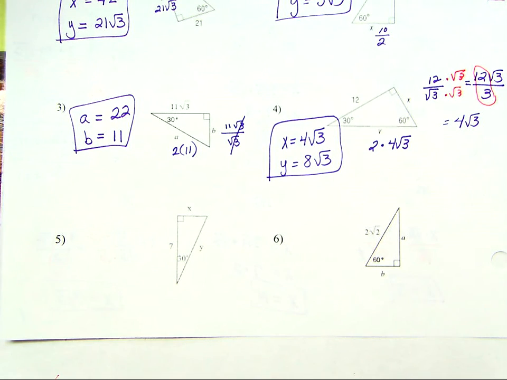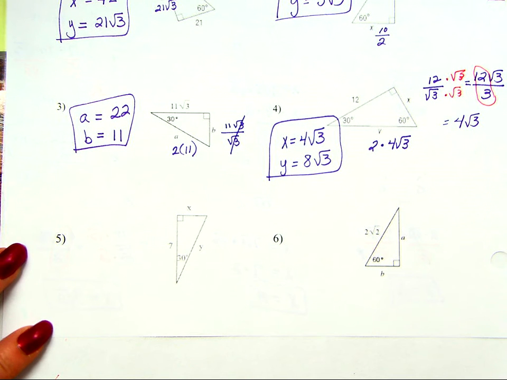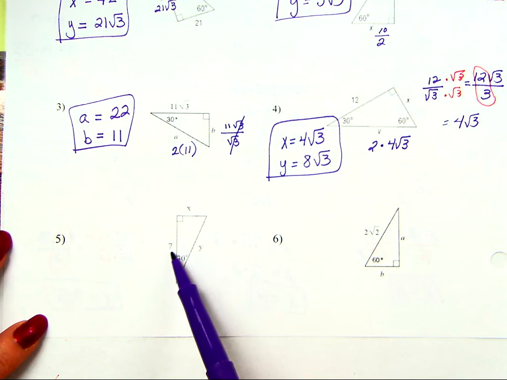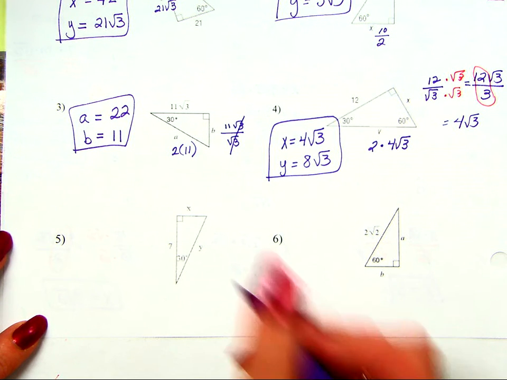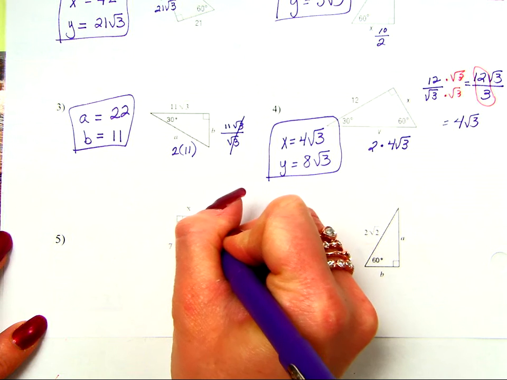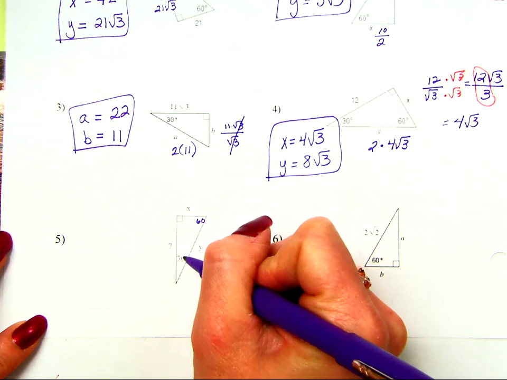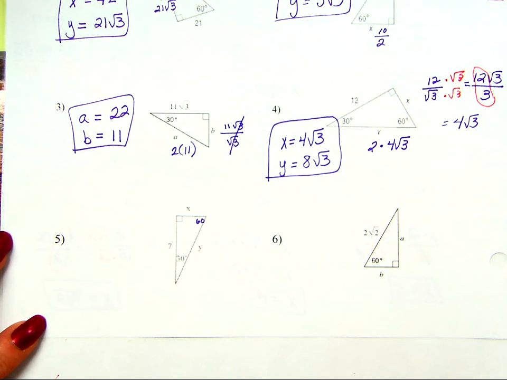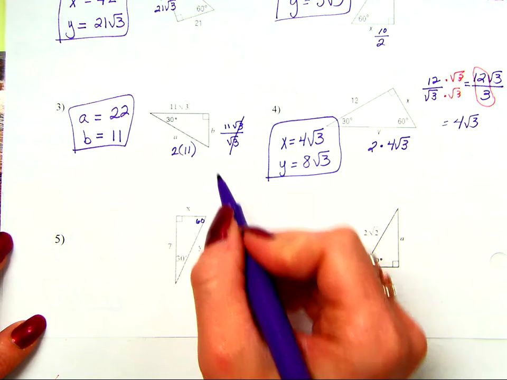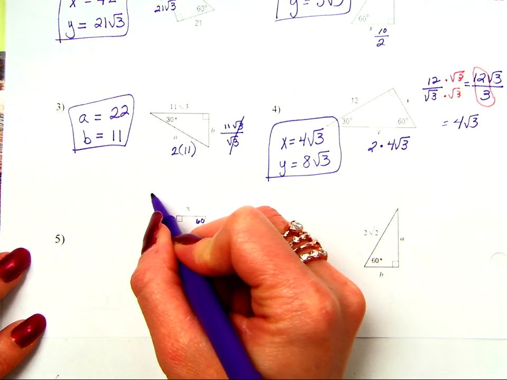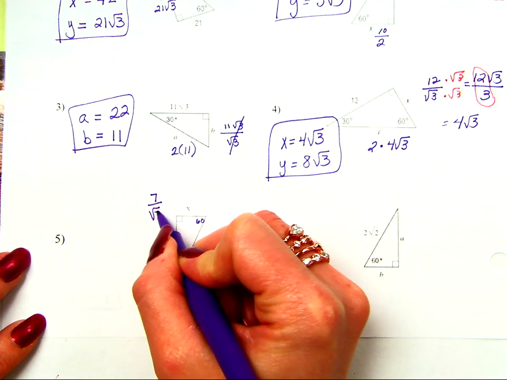Looking at number 5, this one's going to be similar to what we just did. I see my side lengths where 7 is my long leg. Now I should note, how do we know that? Your long leg is always across from your 60-degree angle, and your short leg is always across from your 30. So if I need to find my short leg, I'm going to think about taking 7 and dividing by root 3.